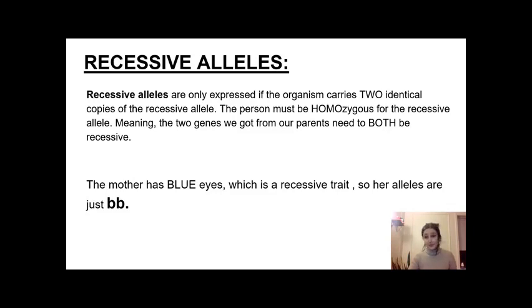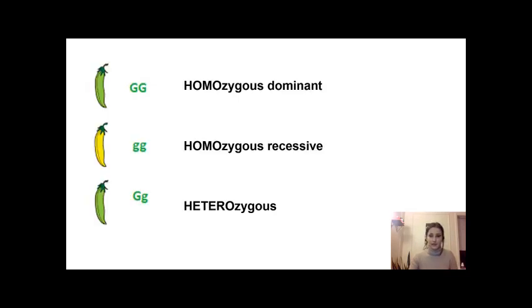If it's big B, little b, remember the big B would make it dominant and turn it into brown eyes. They both have to be recessive little b's. And just like here, there's a little example in Mendel's pea plants. The top one says homozygous dominant because it is the same, two big G's.